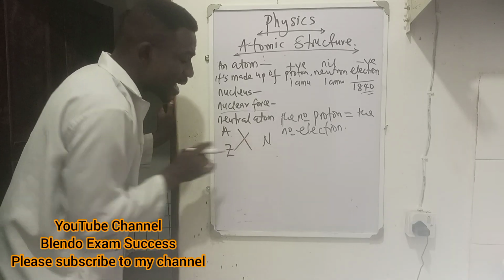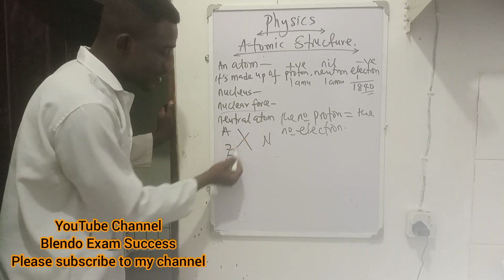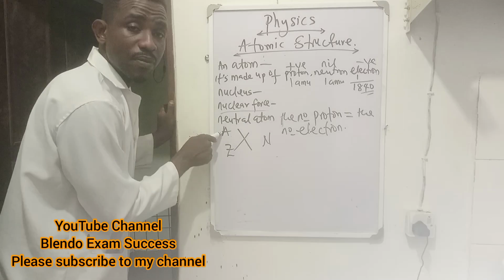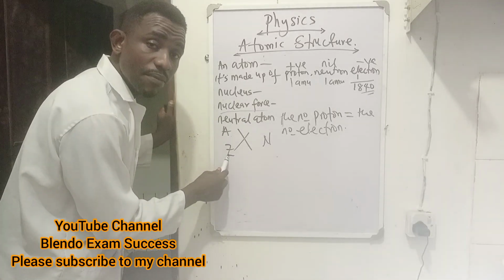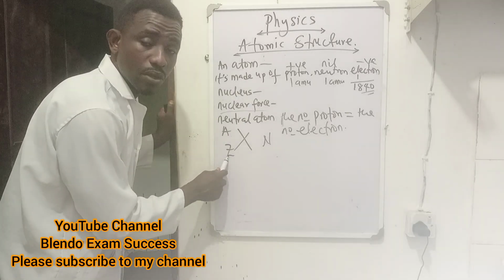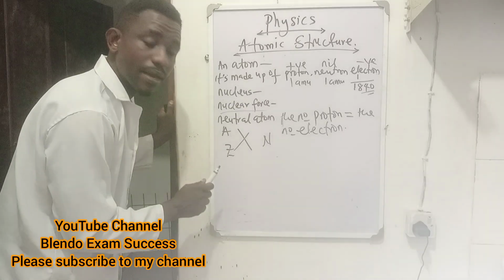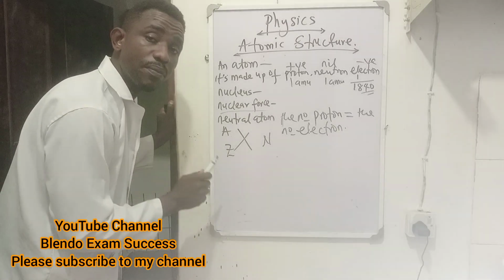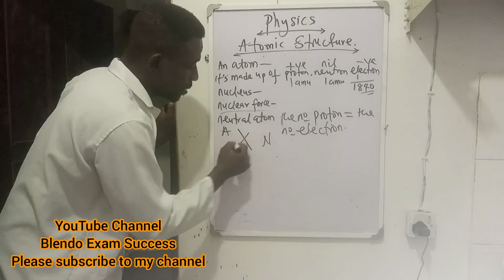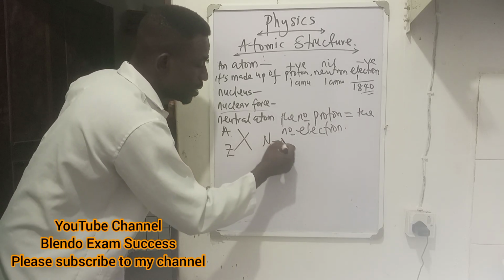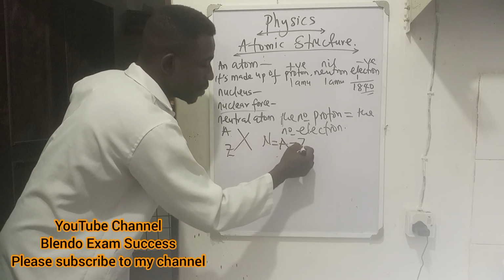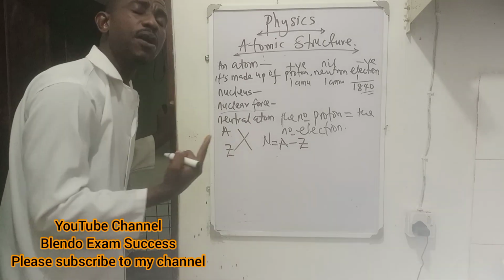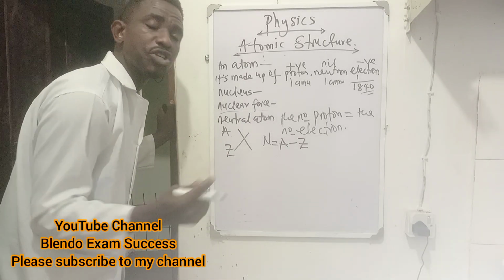Then if an atom is represented as X, A is atomic mass, Z is proton number or atomic number, where N is the difference between the atomic mass and atomic number.